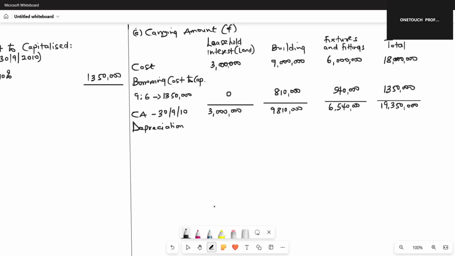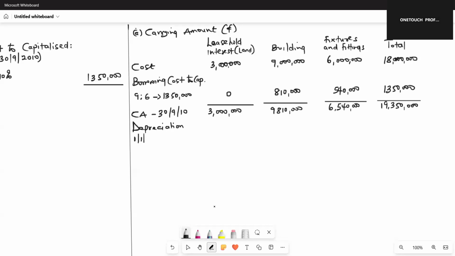The leasehold land, what will be the depreciation? The leasehold is for how many years? 50 years. There's some secret. So depreciation on land is going to be from 1st January.